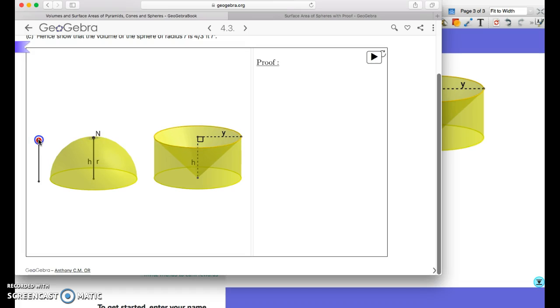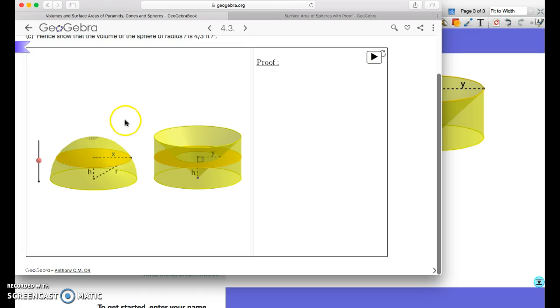The second thing to realize is that as I move the red dot and modify the height, each of these disks has a different area, because as I move up the radius is getting smaller, and as I move down it approaches its maximum value. But the heights of the two solids are the same.